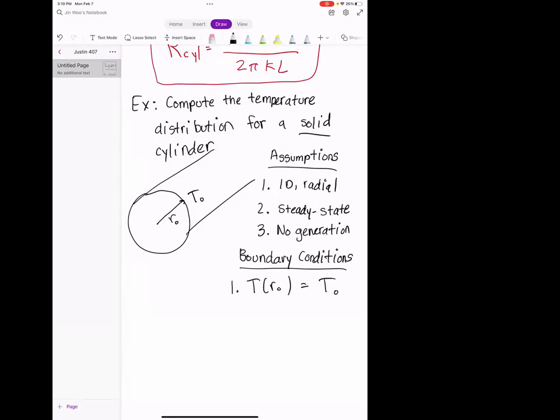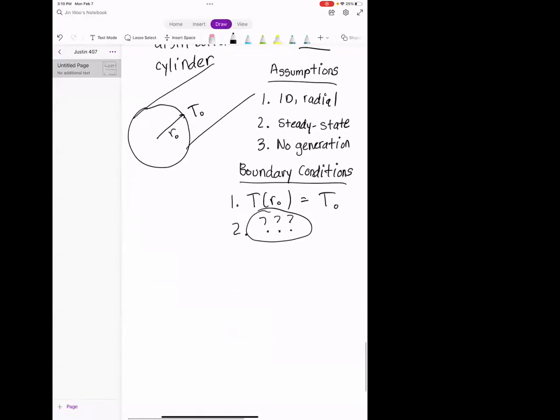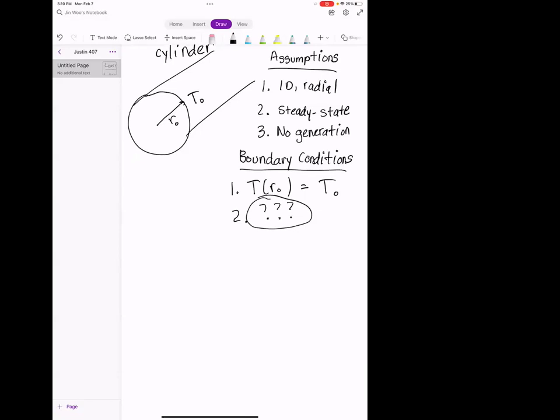But we need another boundary condition, because when we solve the heat equation, we're going to have two unknown constants, and we'll need two boundary conditions to solve for them. Right now we only have one, T of RO equals TO, so we're going to need another one in order to solve. I'm not going to tell you just yet, because I think it's more meaningful to reveal it once we get there. But it's kind of surprising what it is.